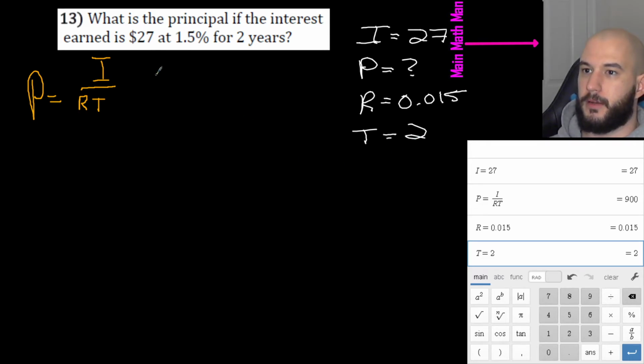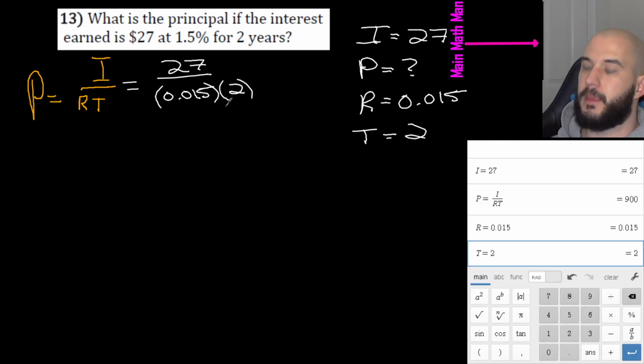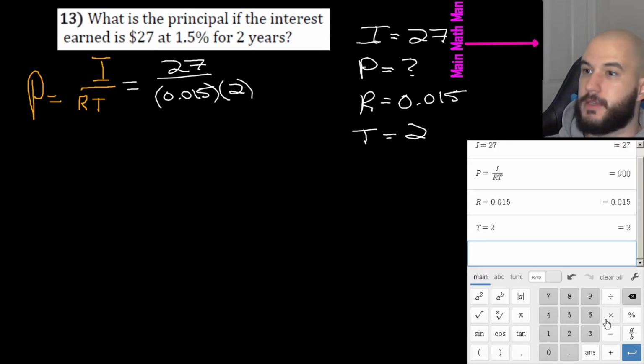So now again, we plug in our values for our variables, and so we say, all right, this is going to be 27 over, and then we have that decimal 0.015. We have our time, which is 2, and again, we can multiply in the bottom first. So let's do that, 0.015 times the 2.